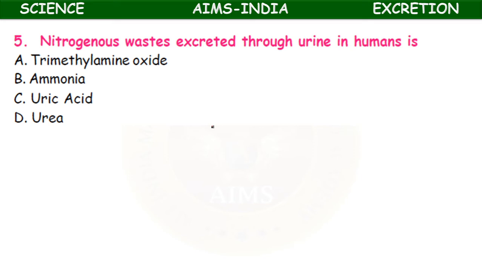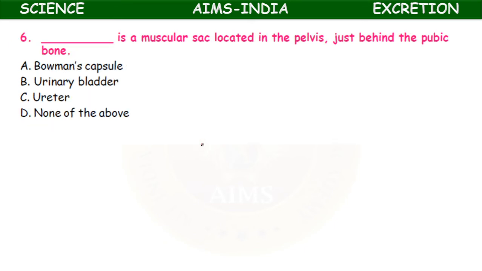Nitrogenous waste excreted through urine in humans is trimethylamine oxide, ammonia, uric acid, urea. We are ureotelic. This urea is a main excretory material.